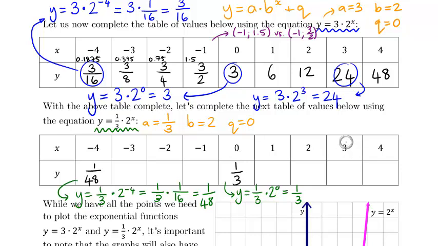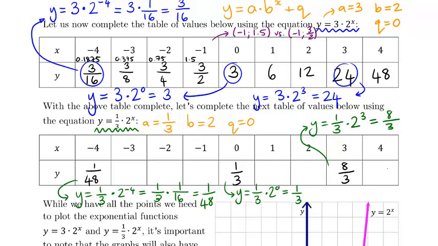And over here, x is equal to 3. Y would equal a third of 2 to the power of 3. 2 to the power of 3 is 8. 8 times 1 over 3 is 8 over 3. Okay, 8 over 3, in other words, a third of what it used to be over there.